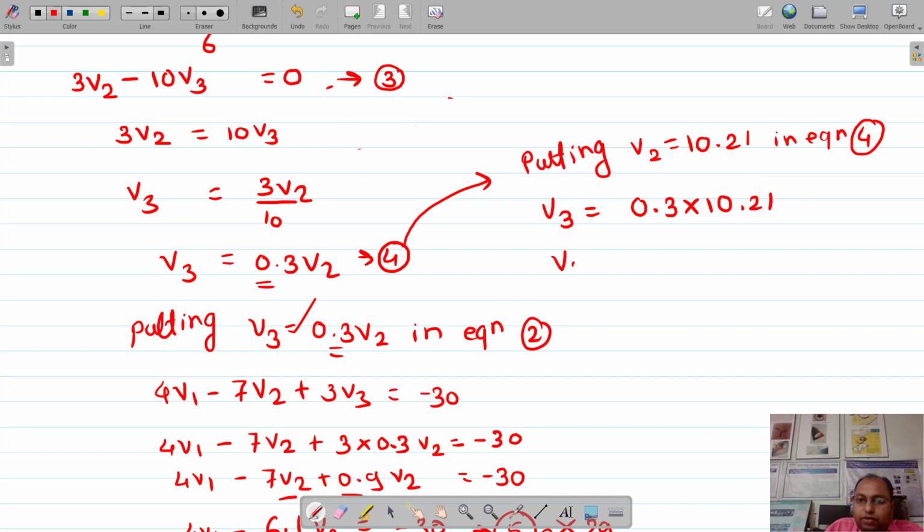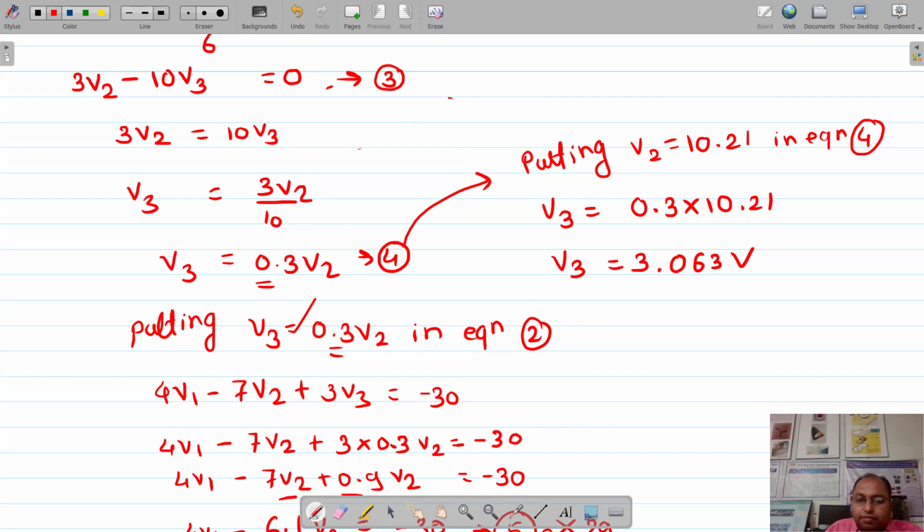So therefore v3 is equals to 10.21 into 0.3. It is coming as 3.063 volts. And let us find out now finally v1.